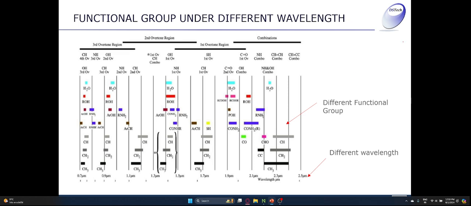For example, here you can see all this CH3. This is also important to explain: there's a functional group here, and it appears many times at different wavelengths.